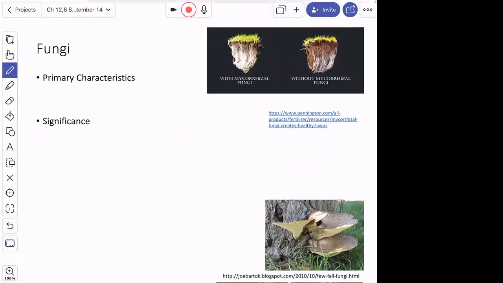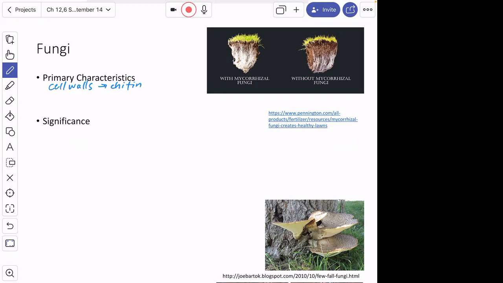All right, so one more eukaryote that we want to talk about a little bit, and that is fungi. Primary characteristics, again, they're varied here. They have cell walls that often consist of the polysaccharide chitin.